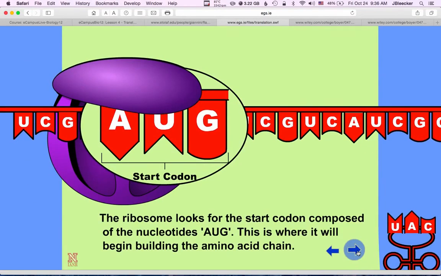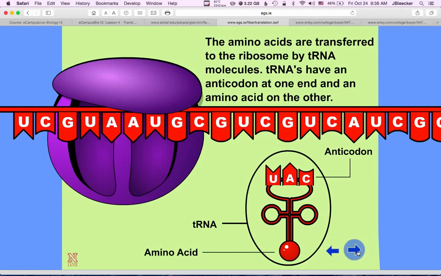There's your start codon. And I really like this animation because it shows what transfer RNA is. Transfer RNA almost looks like this little guy holding his hands out to the side. Sometimes it's been called a cloverleaf. The big secret about transfer RNA is that it is a kind of RNA. It's actually single-stranded. And it's designed in this way so that its anticodon matches against mRNA codons.